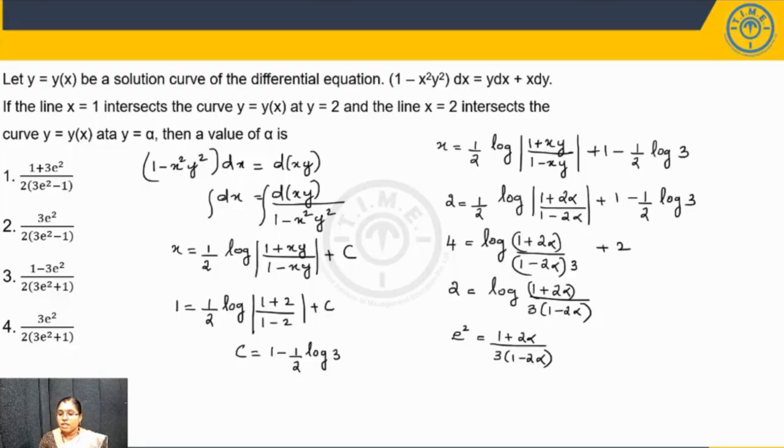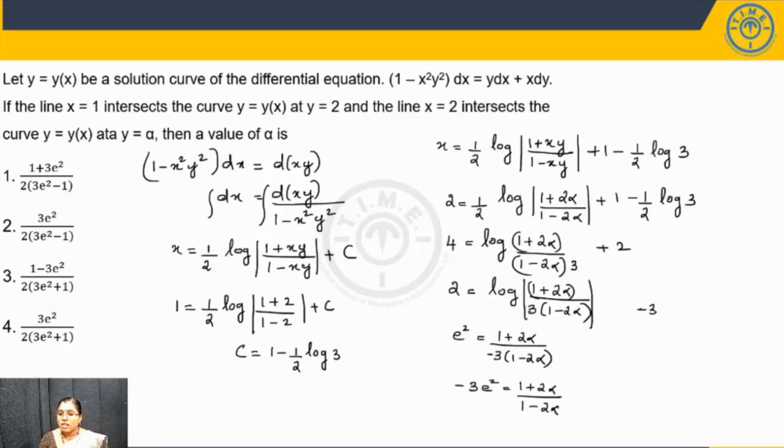So let's take the negative part, because when we try with e square, 3e square, we won't get the options. So let's try with minus 3e square. So I'm taking the negative part here. Since you have a modulus, I'm taking the negative part, and that's why I have a negative here. So minus 3e square is equal to 1 plus 2 alpha by 1 minus 2 alpha. Let's cross multiply.